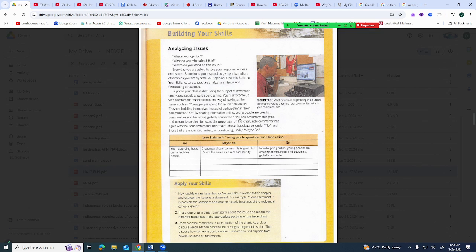So you can brainstorm this issue and use an issue chart to record the responses. On the chart, note comments that agree with the issue statement under yes, those that disagree under no, and those that are undecided, mixed, or questioning under maybe so.